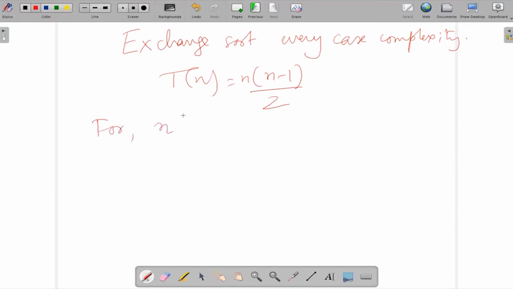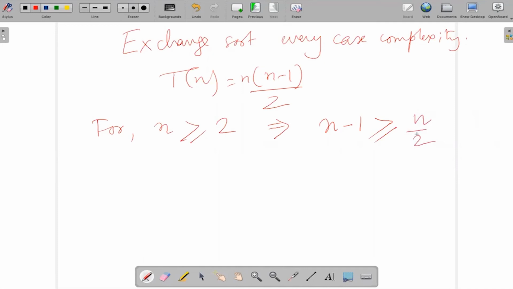For n greater than equal to 2, we can always write, so this is a trick we are playing, see, you have to play similar tricks when you have to actually estimate the upper or lower bounds.